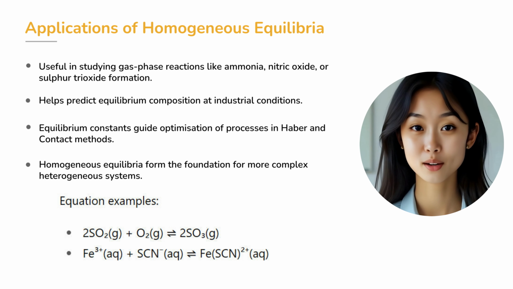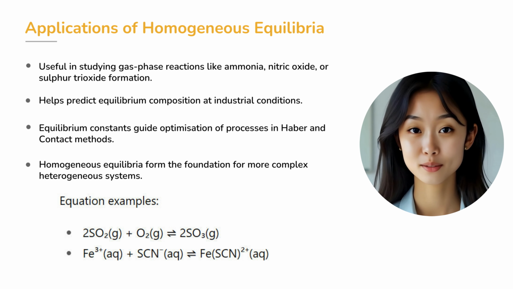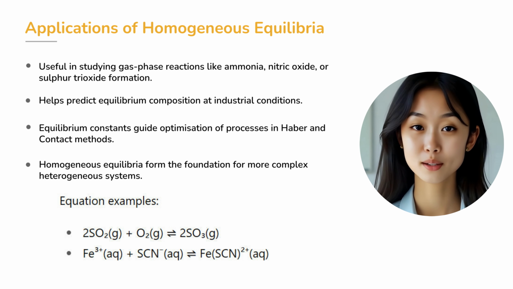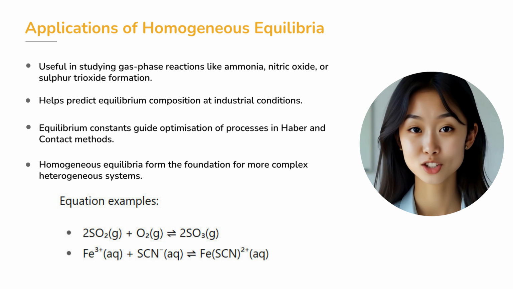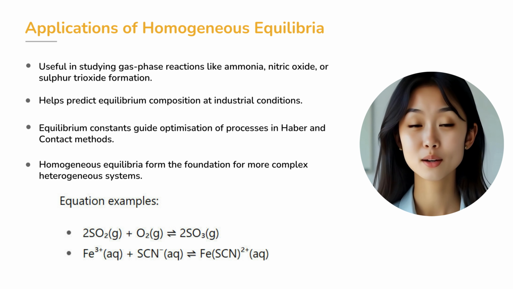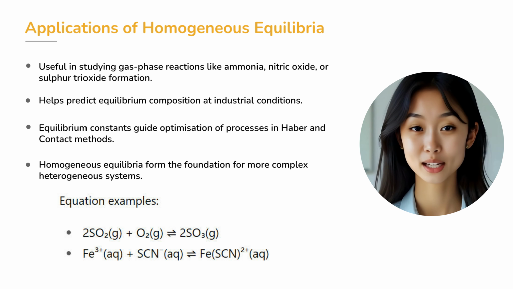Homogeneous equilibria are not just abstract numbers, they are the backbone of industries. For example, the Haber process for ammonia, the contact process for sulfur trioxide, and esterification reactions in organic chemistry all rely on homogeneous equilibria.